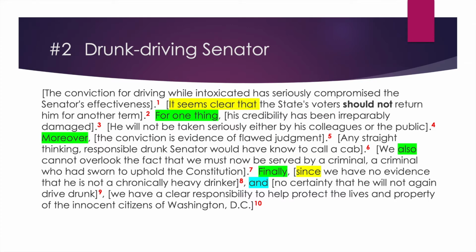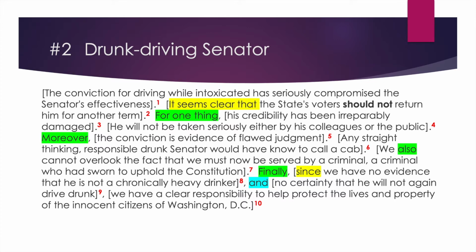And also notice in the second sentence, we have the voters should not return him for another term. There's that should not, indicating a policy claim, and also usually indicating this is a good possibility for selecting the conclusion of the whole argument. That is the point to which the rest of the argument leads.